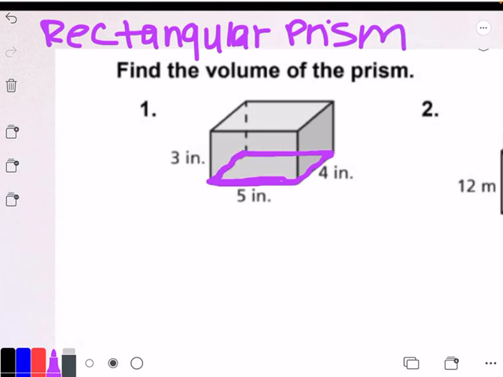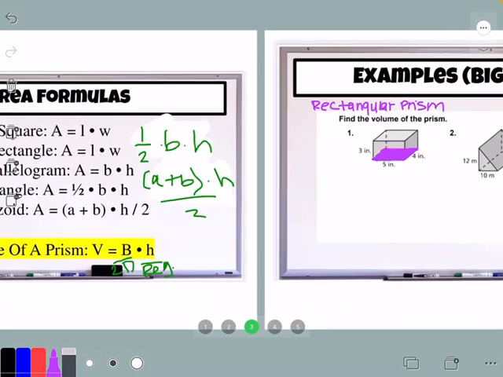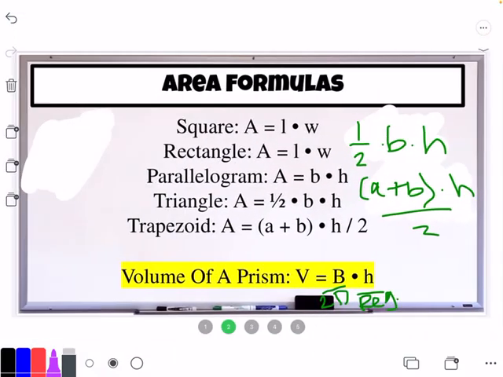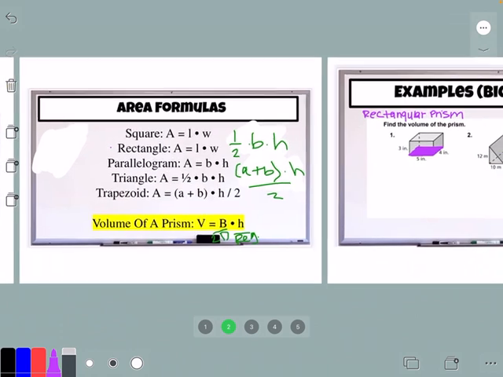So, as you can see in my purple, it shows the 2D shape of my rectangle. And you can see on my rectangle that the area formula for that is area equals length times width.